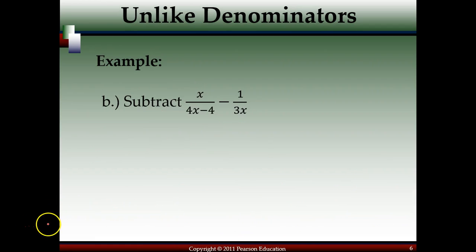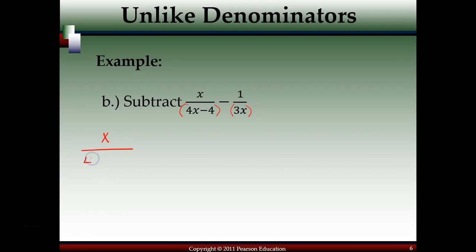All right, so we're going to do the same thing in this one. You're going to say we have this is a factor in this denominator, and this is its own factor in this denominator. Now we got to multiply both numerator and denominator to get common denominators. Usually this is pretty much the way it goes every single time.